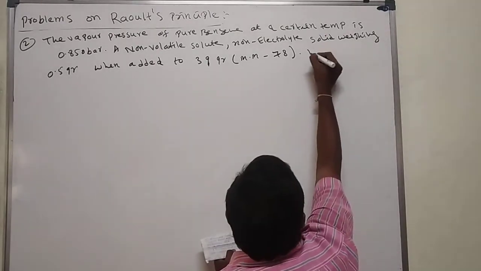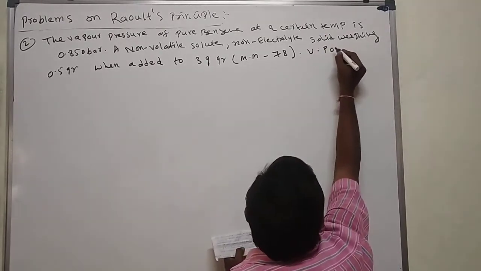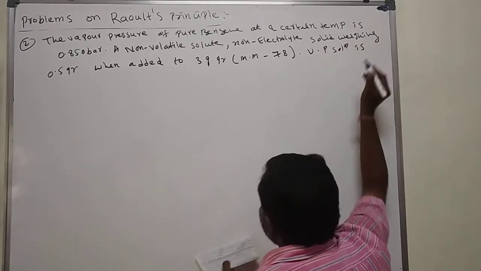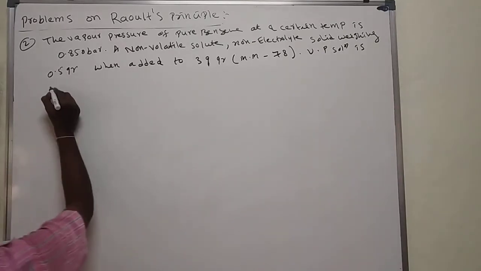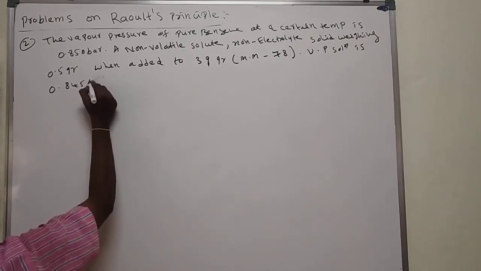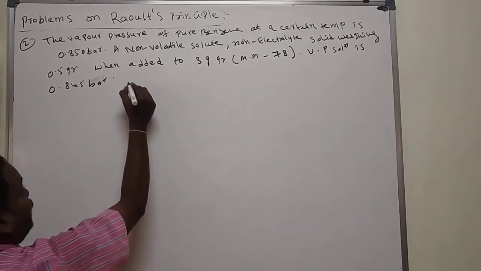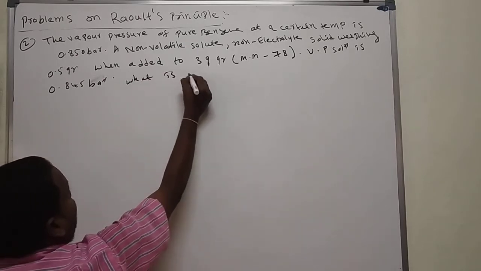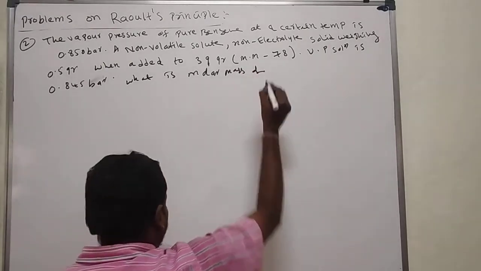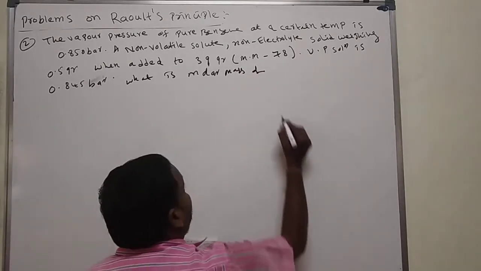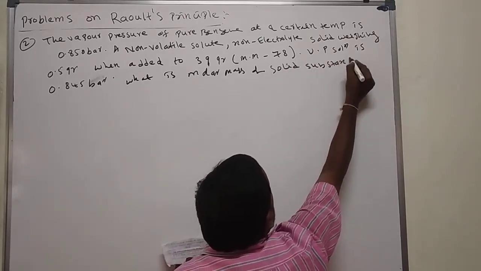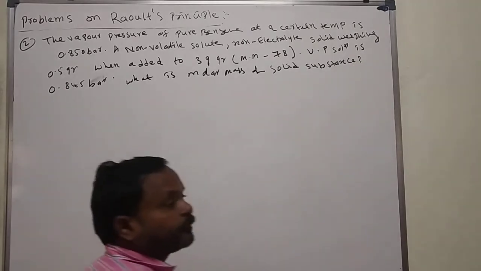Vapor pressure of solution is 0.845 bar. What is the molar mass of solid substance?